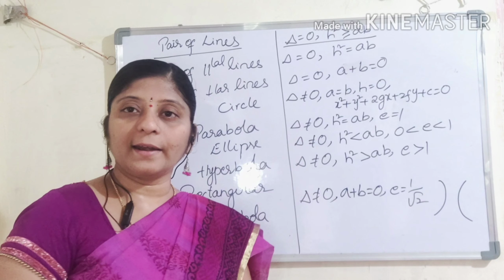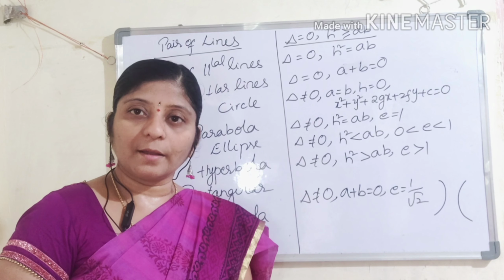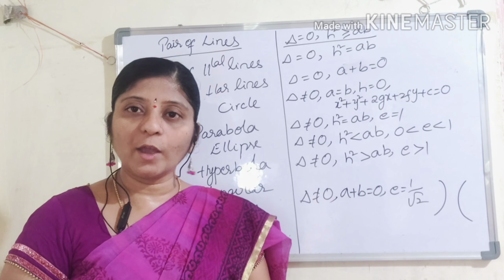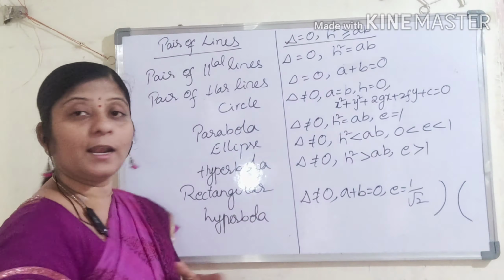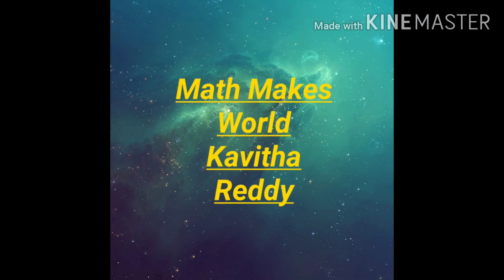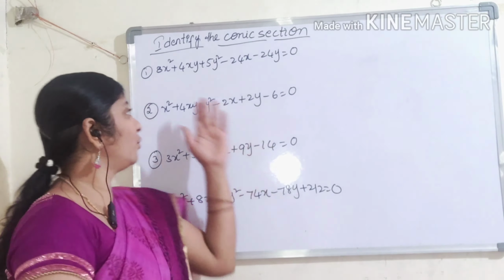By using these conditions, we can say that a second degree homogeneous equation will represent a circle, parabola, ellipse, hyperbola, like that. Here I have some 4 problems.